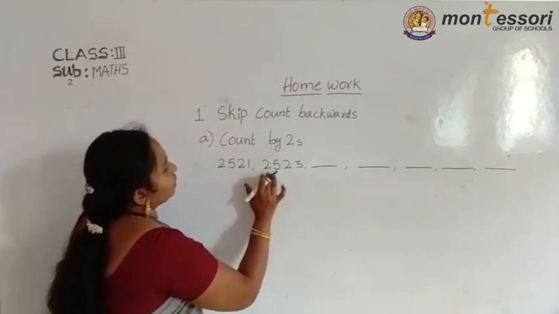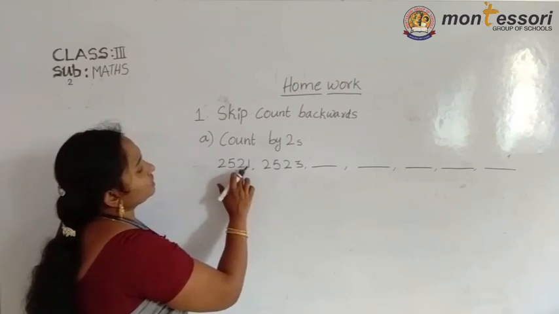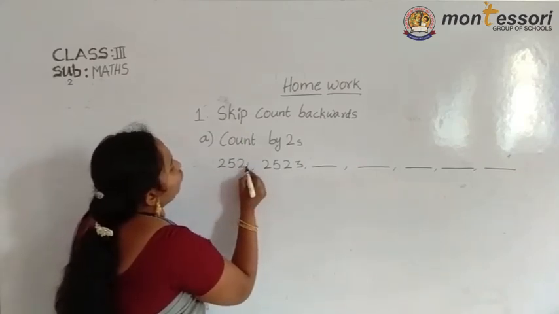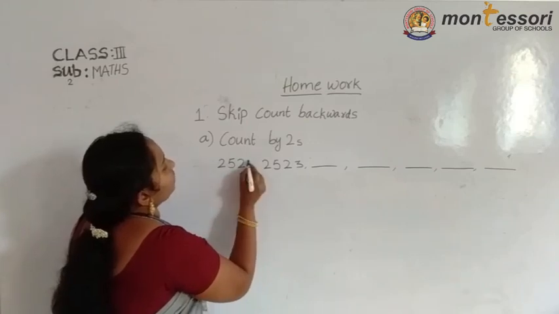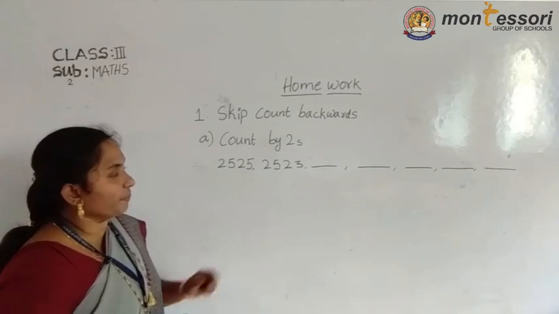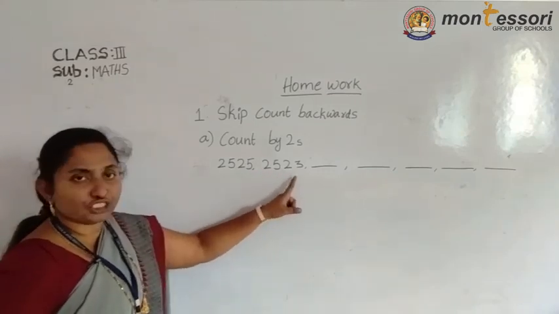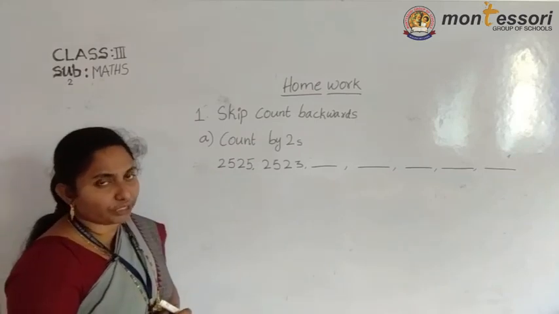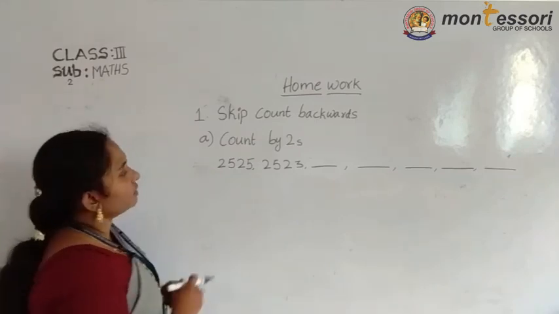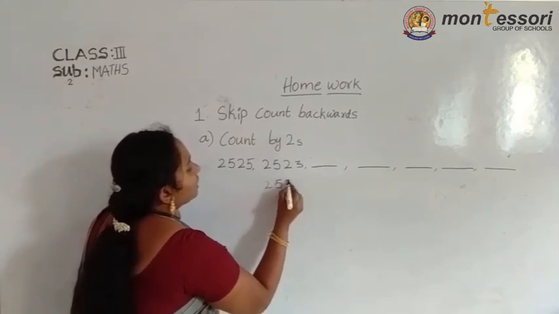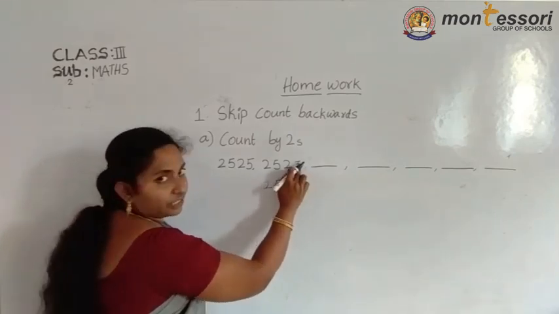2s means we do minus 2. Now listen carefully. 2525, this is 2523. Now we can do the subtraction. So now listen carefully. 2523, this is the given number.